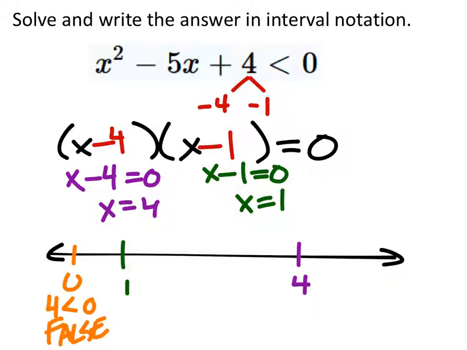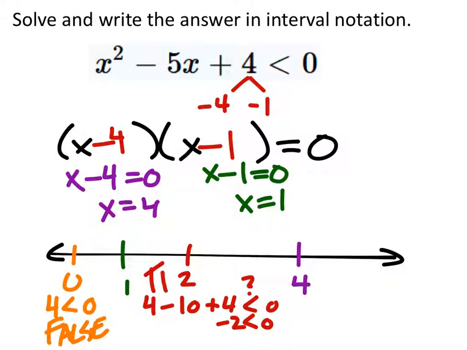Now I need a value between 1 and 4. Let's test 2. That would be 2 squared, which is 4, minus 5 times 2, which is 10, plus 4. Is this less than 0? Yep, that's negative 2, which is less than 0, so that's true.